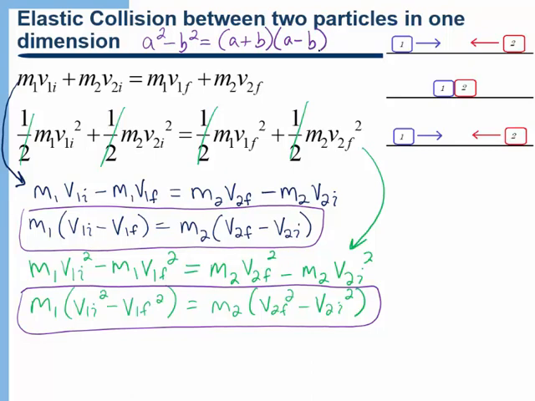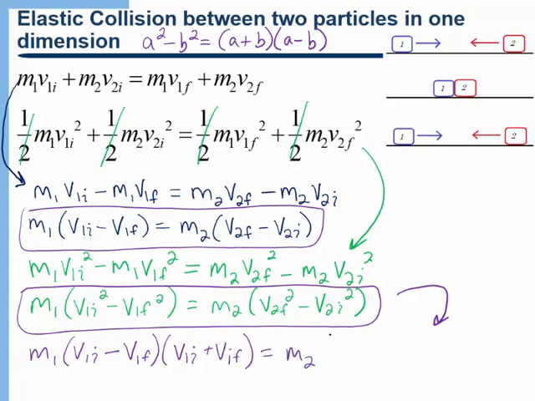So what I'm going to do is rewrite this one more time in the following way. m1 times (v1 initial minus v1 final) times (v1 initial plus v1 final) is equal to m2 times (v2 final minus v2 initial) times (v2 final plus v2 initial).